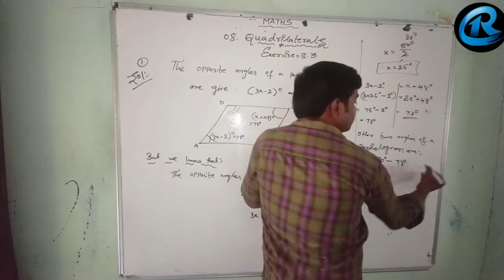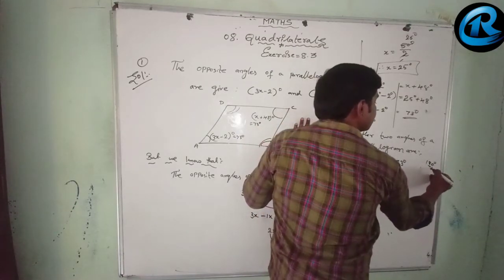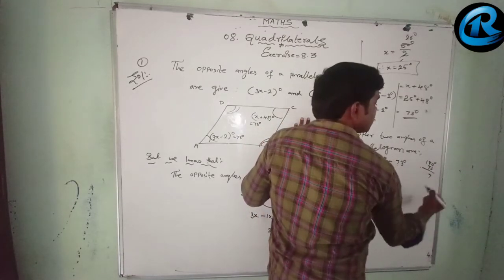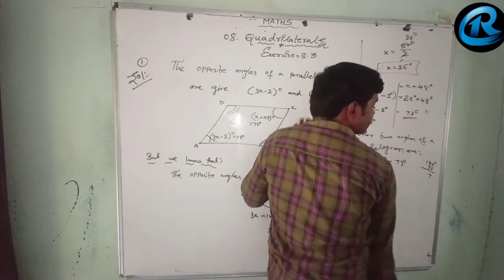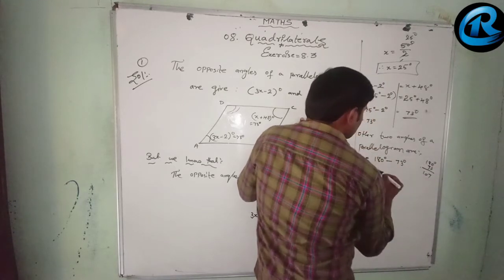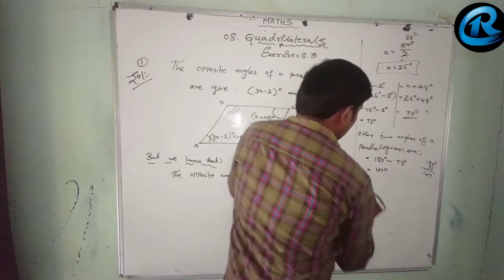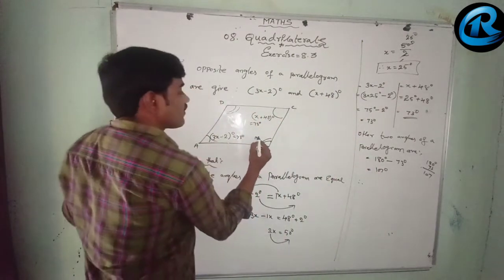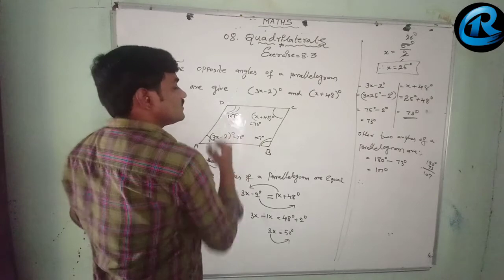Here 180 minus 73. 10 minus 3 is 7. Then 17 minus 7 is 10. So 107 degrees. So 107 and 107 degrees.